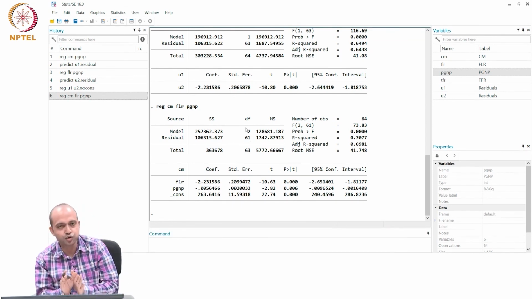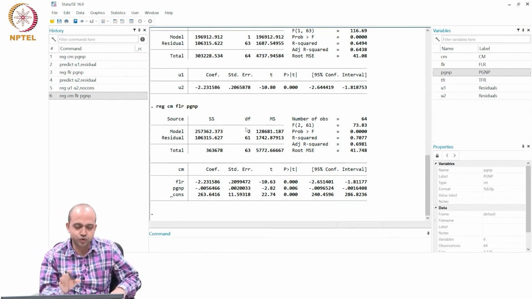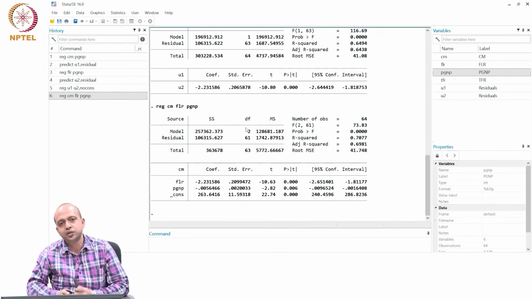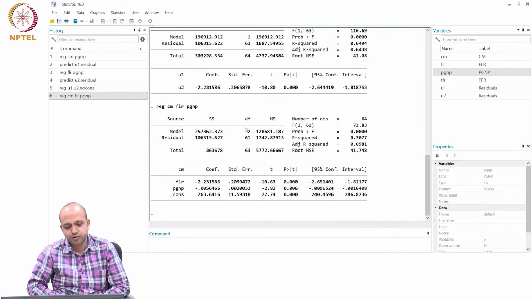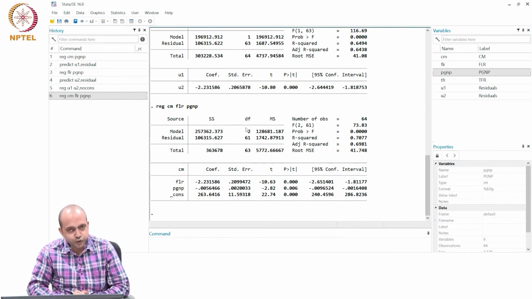So this is how we have to understand the ANOVA table, which clearly shows the decomposition of total variation in our yi. But there are certain other measures also supplied by STATA, such as the F statistic. Look at the F statistic value, which is 73.83, and then another R square which is called adjusted R square.